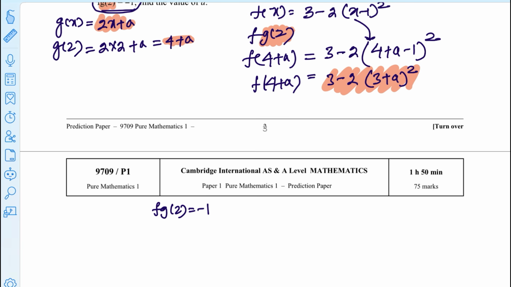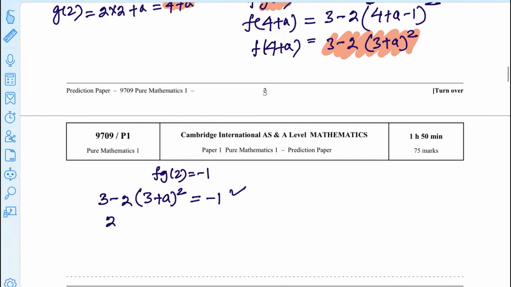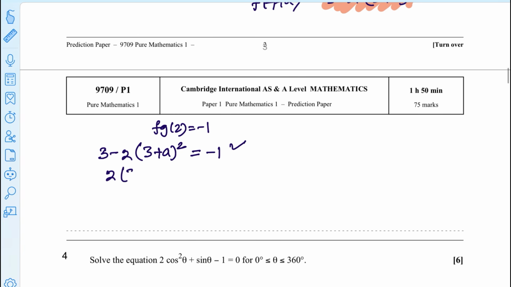So I can write down here 3 minus 2 times (3 plus a) squared equals minus 1, right? So now we need to solve more. If we rearrange it, it will be 2 times (3 plus a) squared.